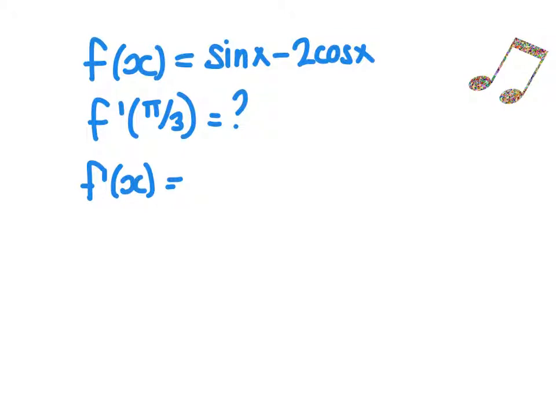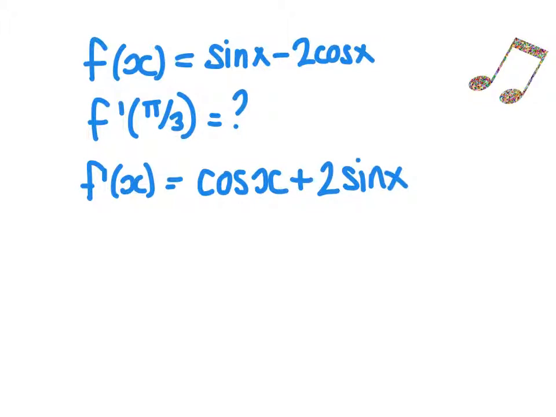So sin x differentiates to cos x. Cos x differentiates to minus sin x. So that minus 2 is going to become a plus 2, not a 3. And it's going to be sin x.